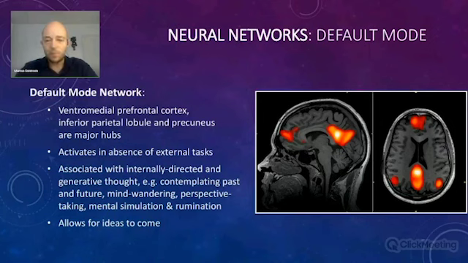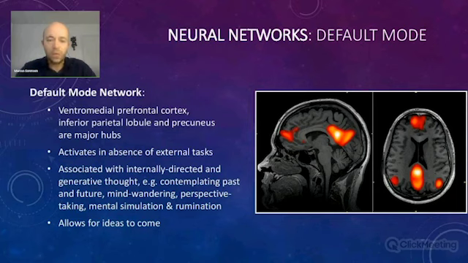Our mind might be wandering, daydreaming. We might be imagining things from other people's perspectives, and we might be simulating different outcomes from a situation. We might even be ruminating on conversations that we've had or things that happened to us and going over them again in our mind.